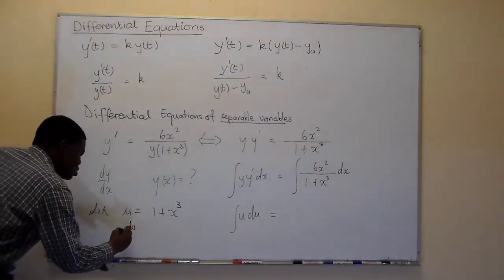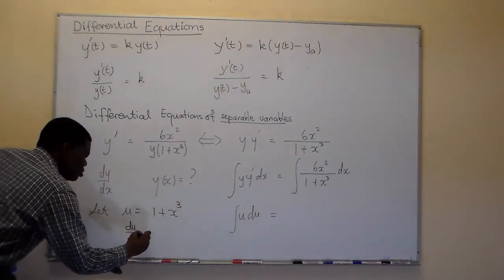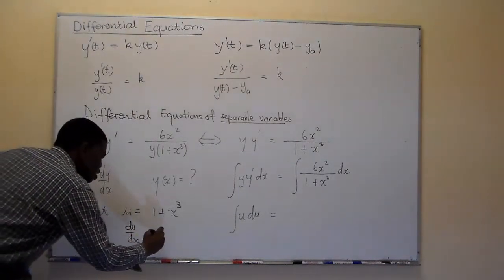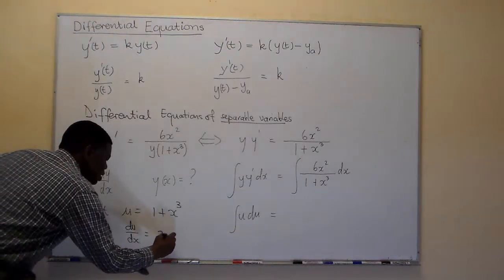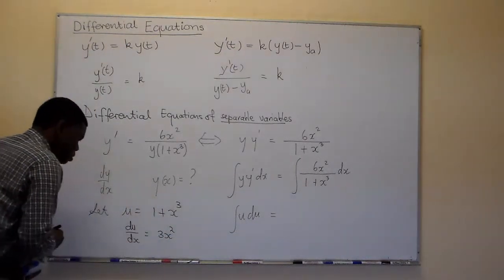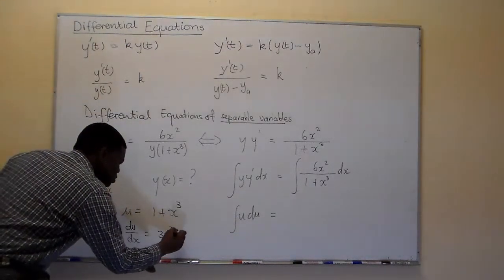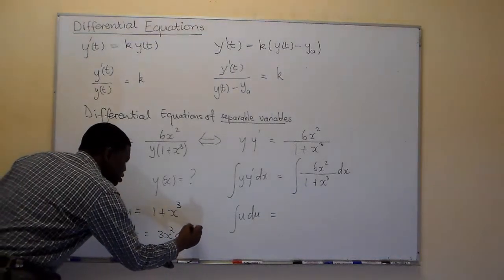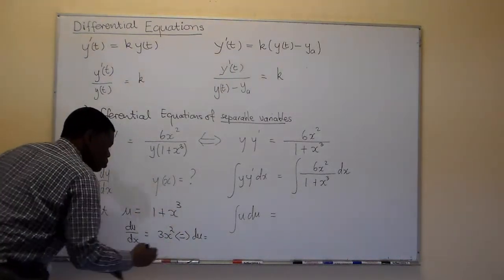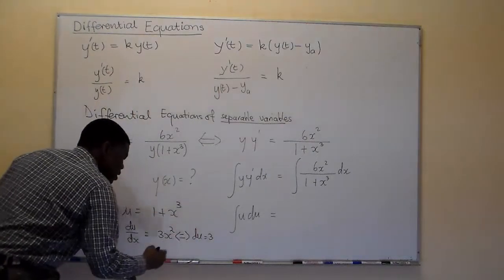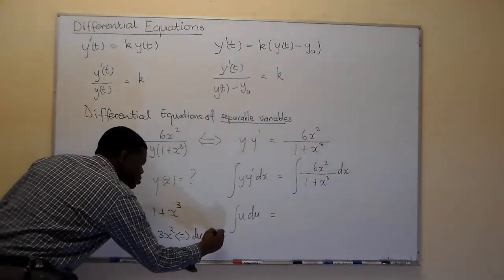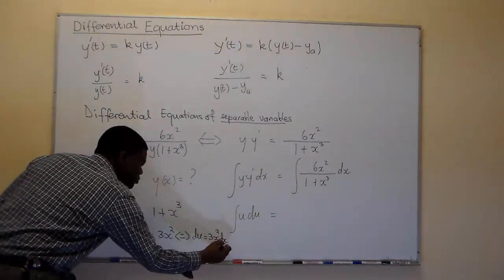Now our du over dx will be equals to 3x squared, which is equivalent to saying du is equals to 3x squared dx.